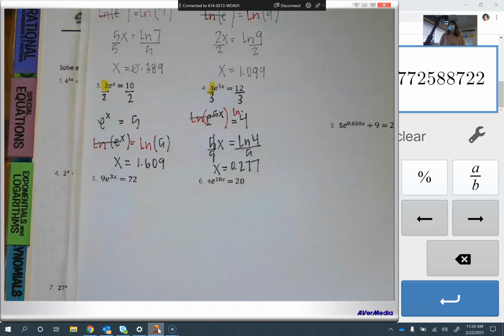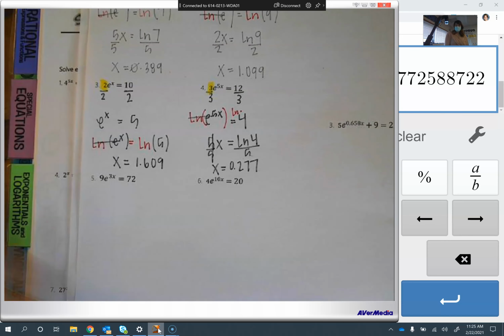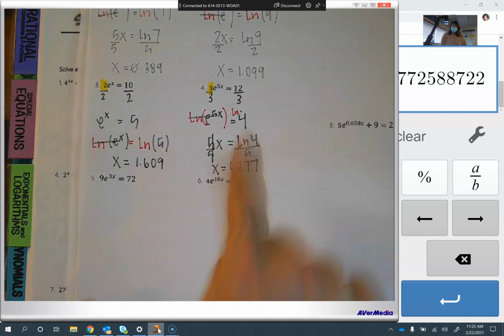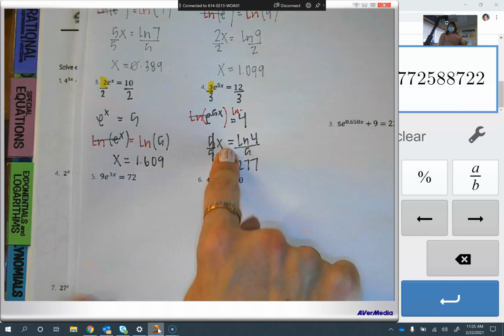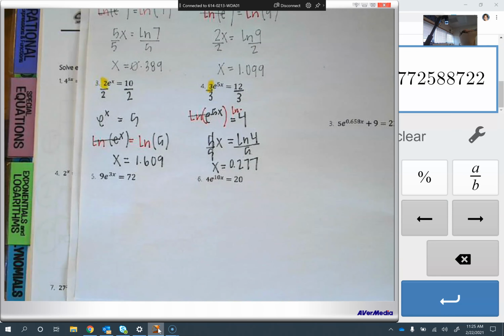The steps are the same. Divide off the front number, take the natural log, divide off the front number again. So you guys try number 5. Follow these steps exactly. I'll give you a minute and then I'm going to walk around.